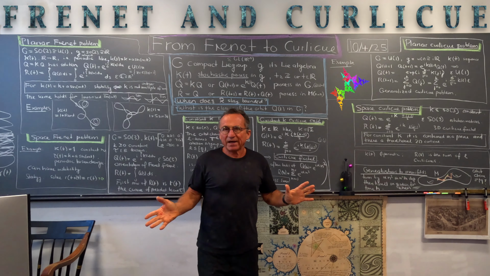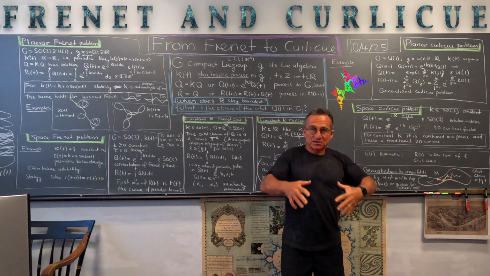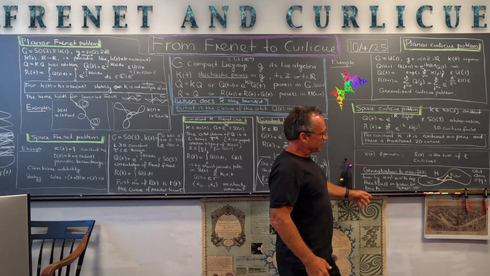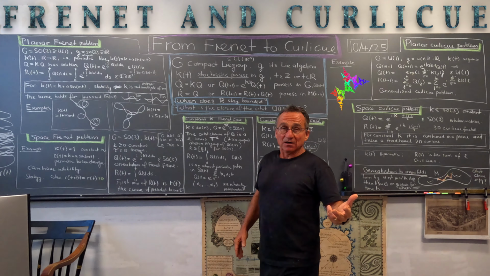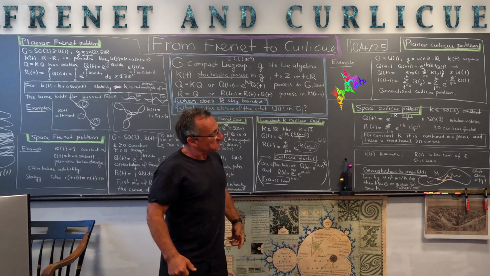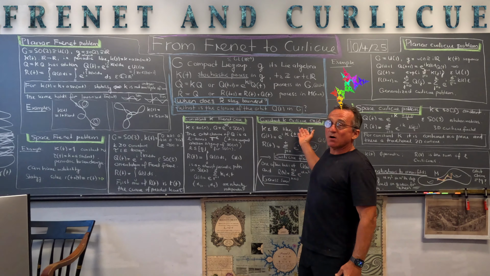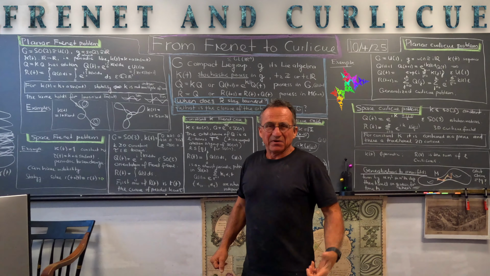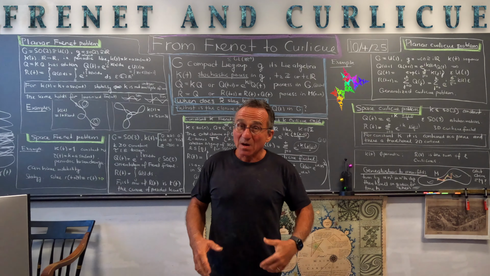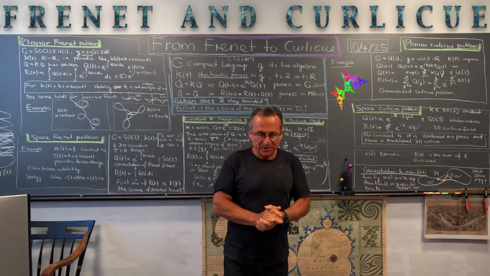In both cases, in the Frenet problem, the question would be, of course, does the curve cover the whole manifold densely or not? And in the Curlicue problem also, you can ask, does the Curlicue actually cover the whole manifold or not? And even in the simplest case, also the constant case, would be something difficult to answer. But it's a nice playground for stability problems. Let me stop it here.